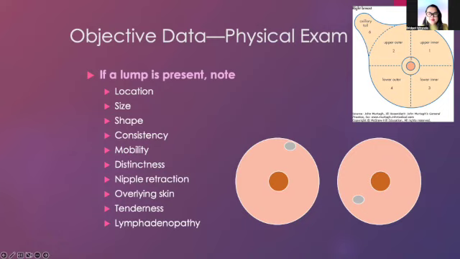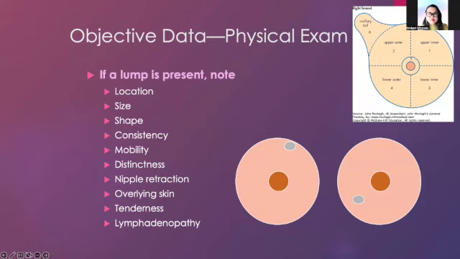You're looking at the nipple to see if it's displaced, retracted, or discolored. You're looking at the skin over the lump itself in comparison to the rest of the area. Is it erythematous, dimpled, retracted? Check for tenderness upon palpation, and look for lymphadenopathy. Are there any regional lymph nodes in that area that are also palpable?